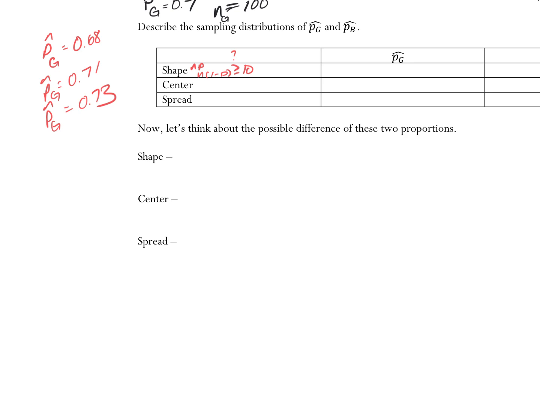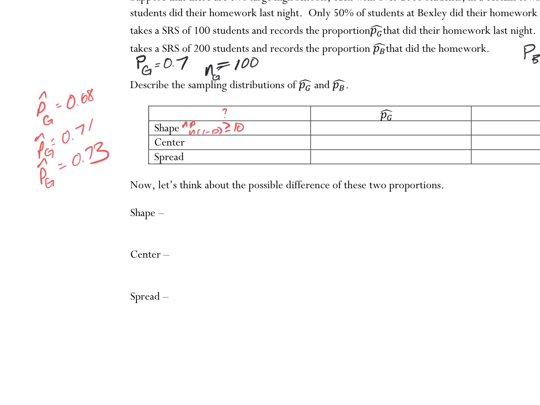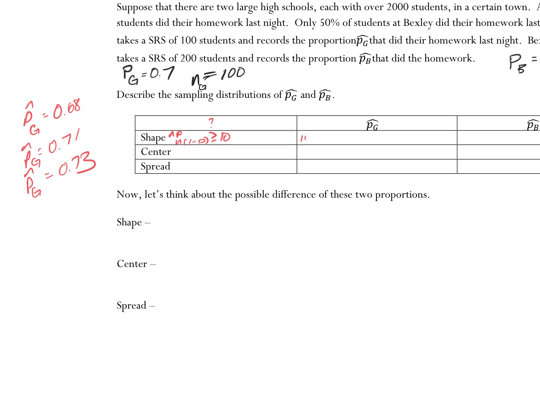So if I do that for Grandview, this would be 100 times 0.7, which is 70, and 100 times 0.3, which is 30. Are those greater than or equal to 10? Does that work? So we can say for Grandview, the P hats are approximately normal.